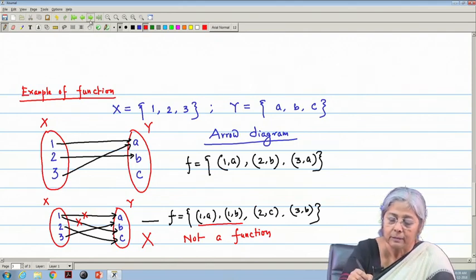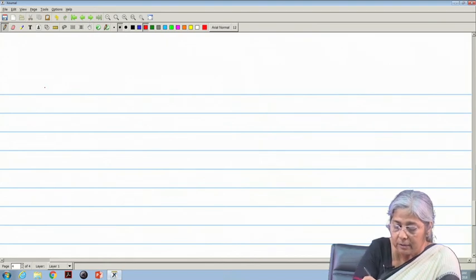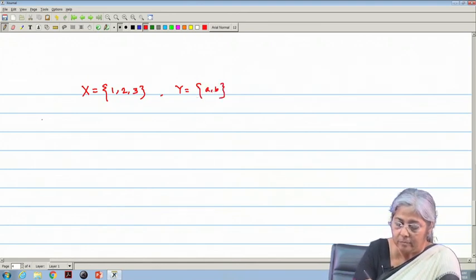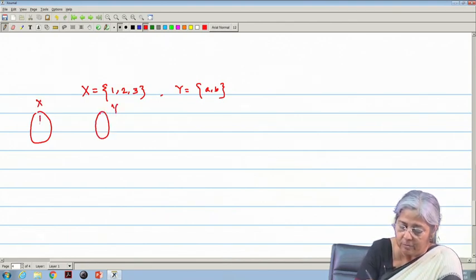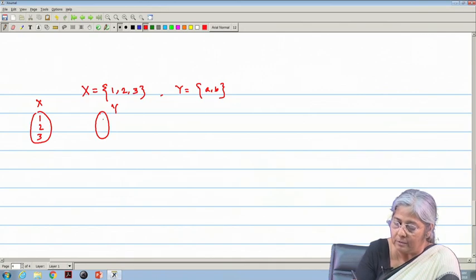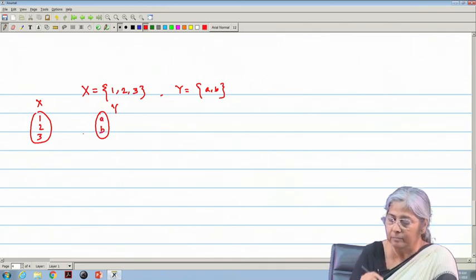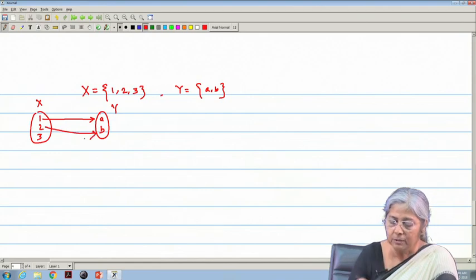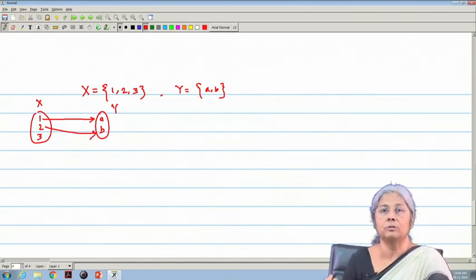Now, we take another example, again the same x equal to 1, 2, 3 and y equal to a, b. So, I take x and y, 1, 2, 3 and a, b. Then say 1 is connected to a, 2 is connected to b, but 3 is not connected.